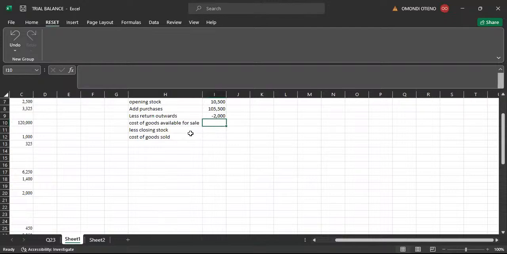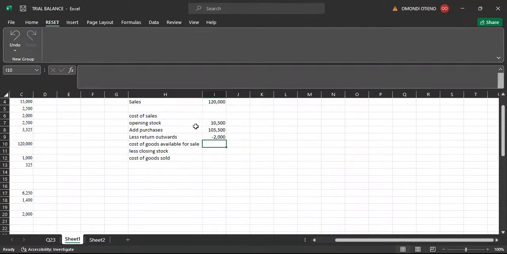And then we get cost of goods available for sale. So it is opening stock, add purchases, less return outwards. Because I've indicated a negative, I just get the summation of this, and because these are negative, it will reduce that. This one here is 116,000 minus 2, I expect to have 114,000. That is the cost of goods available for sale.